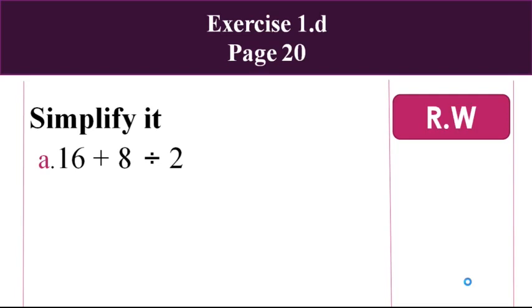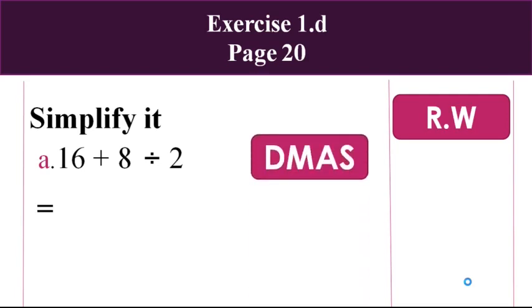First of all, you have to write the sign of equal to, and the sign of equal to always should be outside the margin line. Now let's solve it. First of all, write down DMAS over here, as we have to solve it by DMAS rule. According to the DMAS rule, you have to divide first.